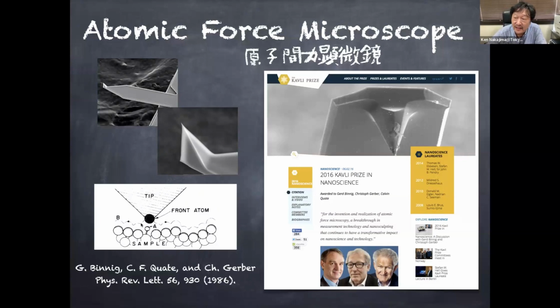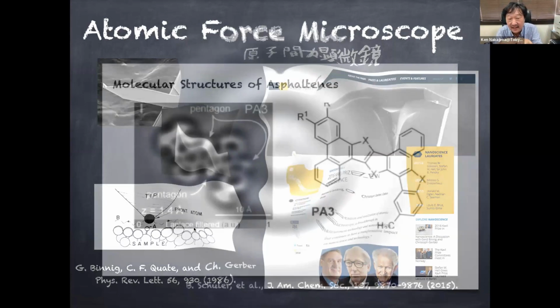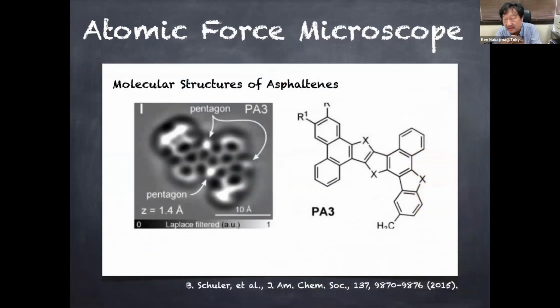Then, if you can trace the sample substrate nicely using this atom, you can get atomic resolution images. Of course, at that moment, they could not realize such high resolution imaging. But nowadays, as in this slide, researchers can get this type of images.